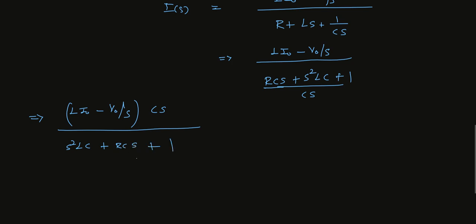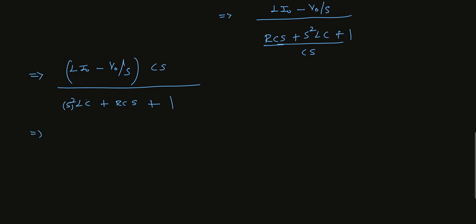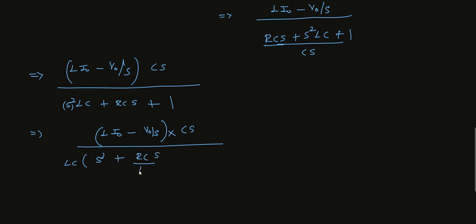Okay, so in order to make the coefficient of this S square 1, I am dividing the whole thing by LC, or I am taking common this LC, so then it will come to be L into I naught minus V naught by S. It's simple mathematics, you can do it yourself easily. So that is, I am taking LC as a common, so then it will be S square plus RCs divided by LC plus 1 by LC.